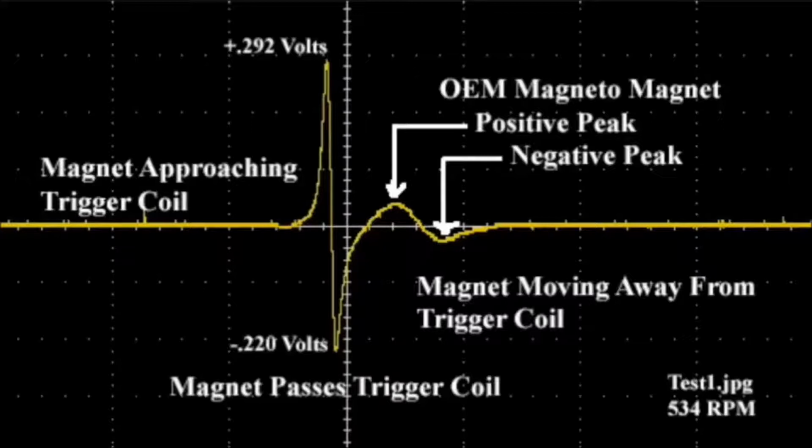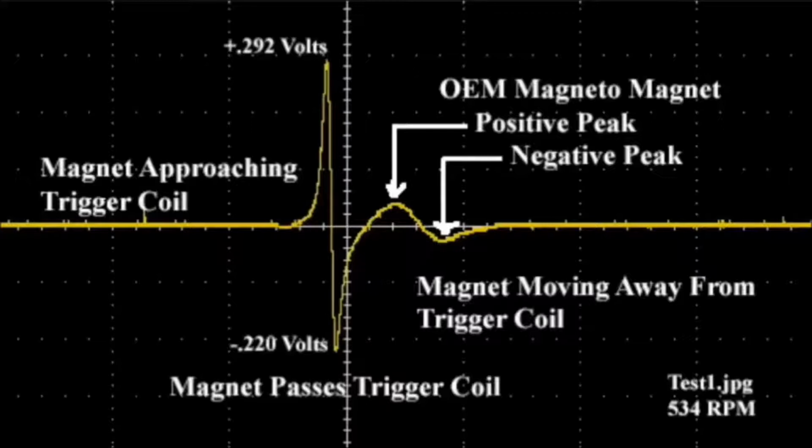Now, this goes on until the magnet reaches the center of the trigger coil, at which time there's a dramatic reversal in the output voltage from positive to negative. Okay, and as the flywheel continues to rotate, the magnet now is moving away from the trigger coil, which causes us to have a negative voltage.